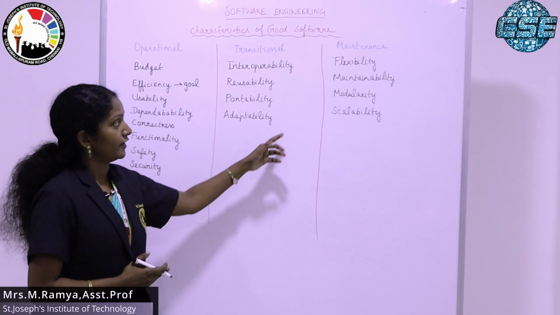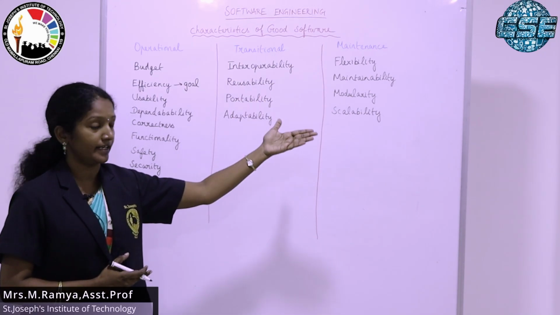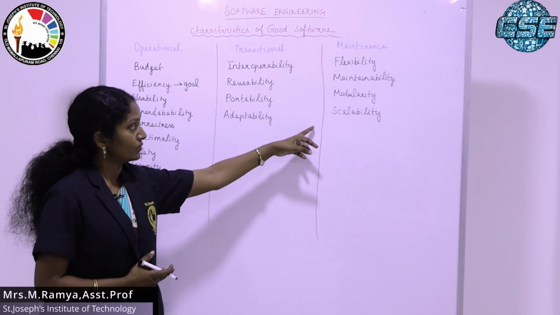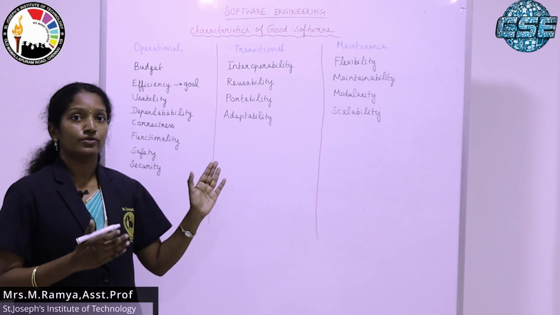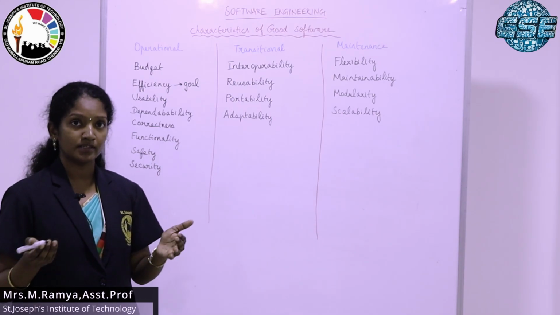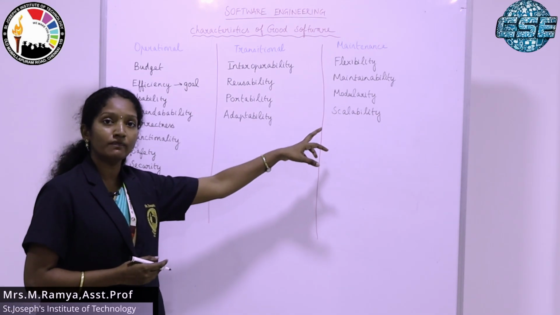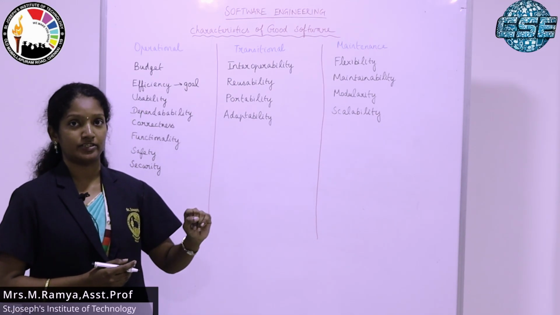If you break the software down into various modules and then create it, that concept is called modularity. Next one is scalability. Even if the number of users accessing the software increases, the software should perform well. So that is called the scalability feature of software engineering.